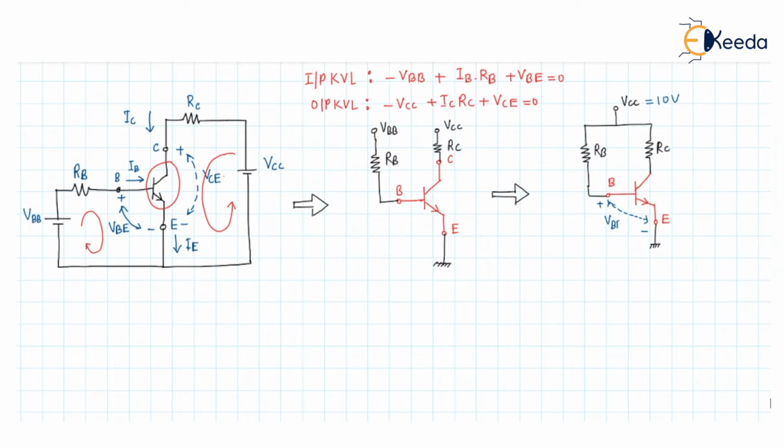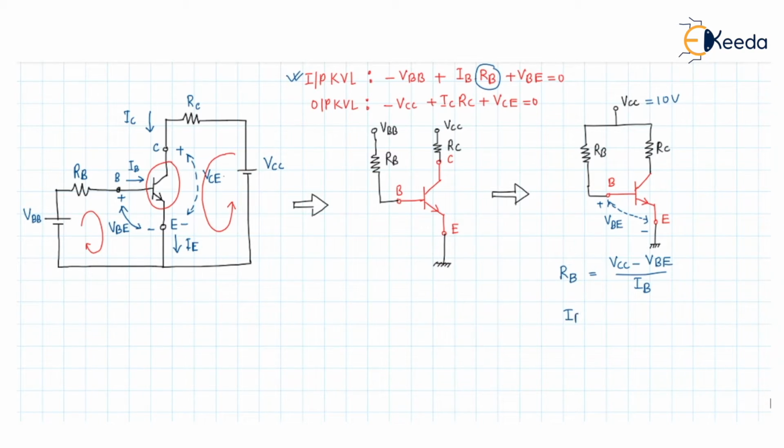If we apply the input KVL, we know from this input KVL equation I can find the value of RB. If we want to find the value of RB, it will be RB equals VCC minus VBE divided by IB.